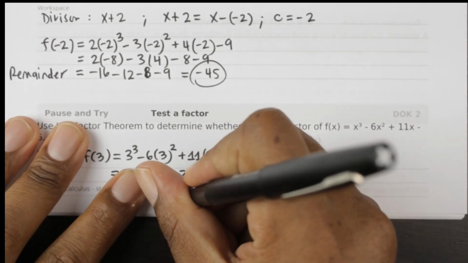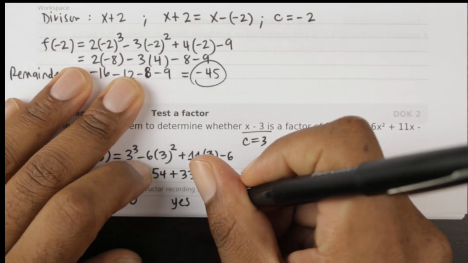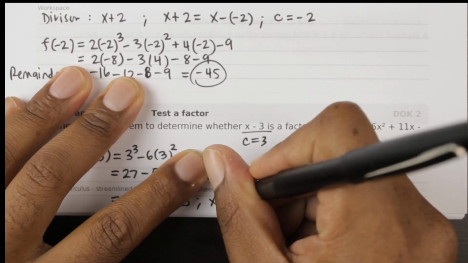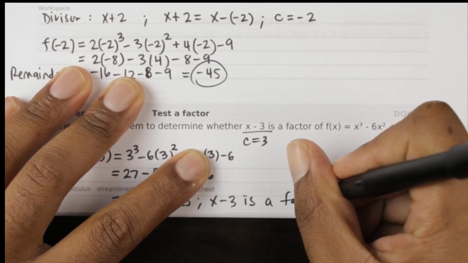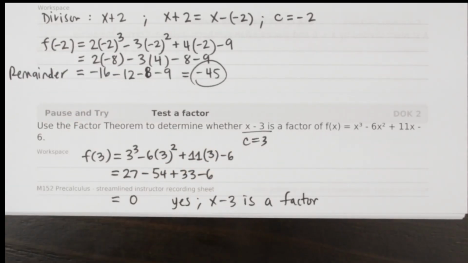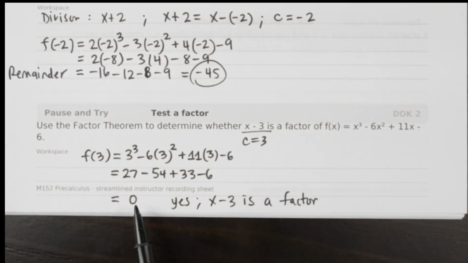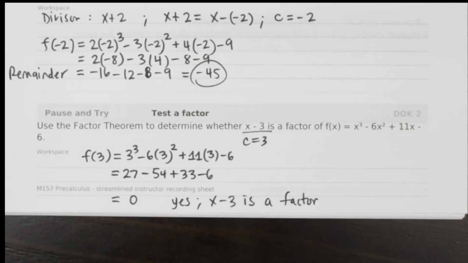So yes, x minus 3 is a factor. In the event that we end up with a 0, the expression x minus 3 will be a factor. All right, let's continue.